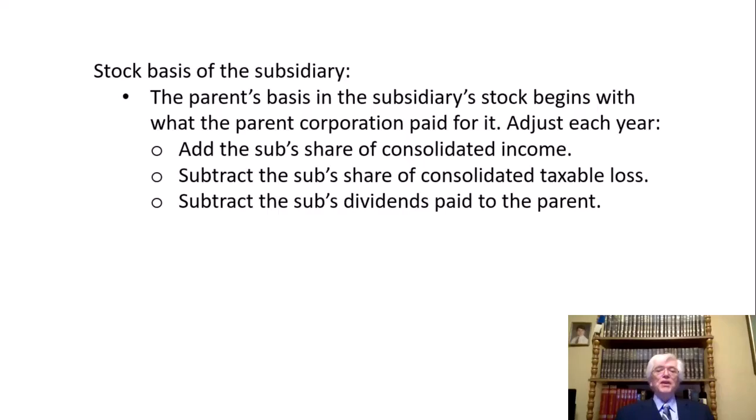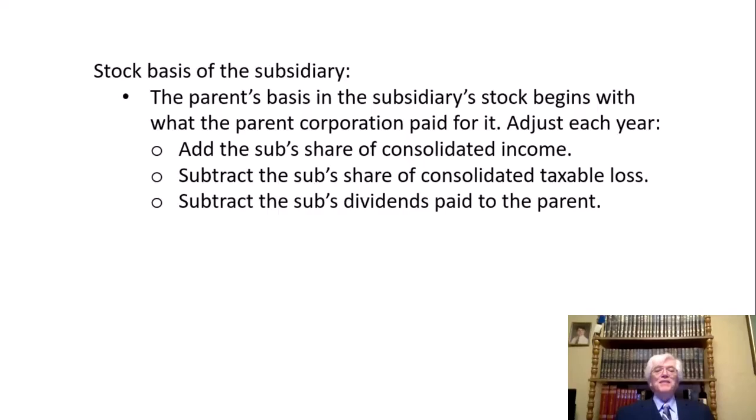Think about what you would do if you are using the equity method for financial accounting purposes to account for the ownership of the sub. You add the subsidiary's income or subtract the subsidiary's loss, and then subtract dividends received from the subsidiary. Same sort of thing is going on here for tax purposes.